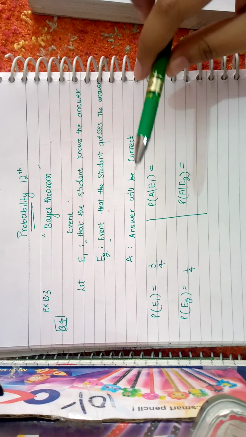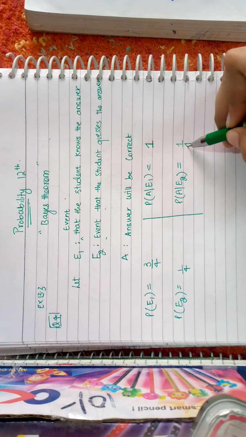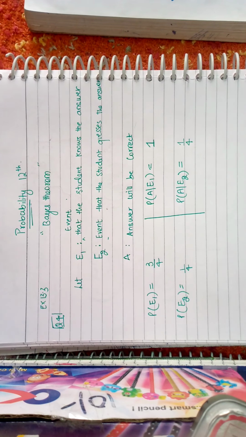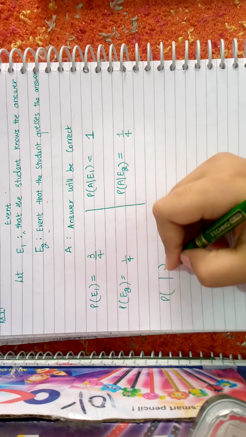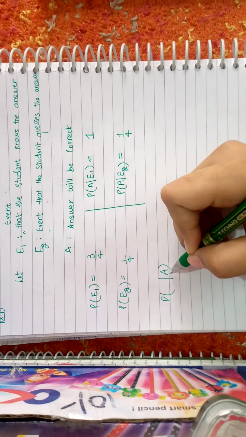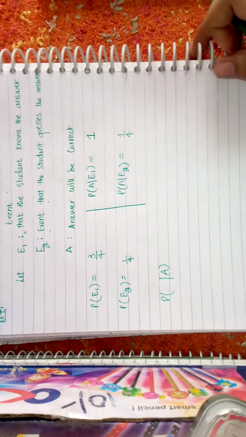Assuming that a student who guesses the answer will be correct with the probability 1 by 4, I am taking A/E2 as 1 by 4 here. Then moving on, we are going to calculate the probability that the student knows the answer given that he answered it correctly.